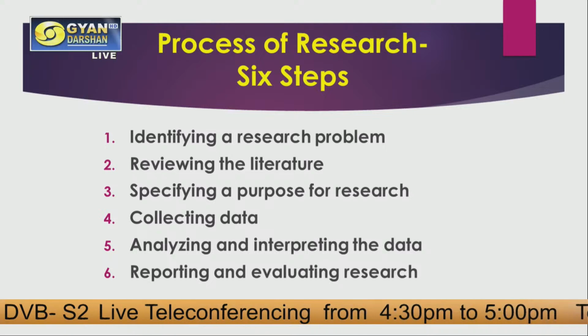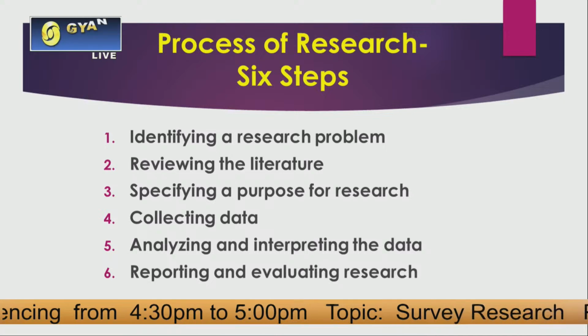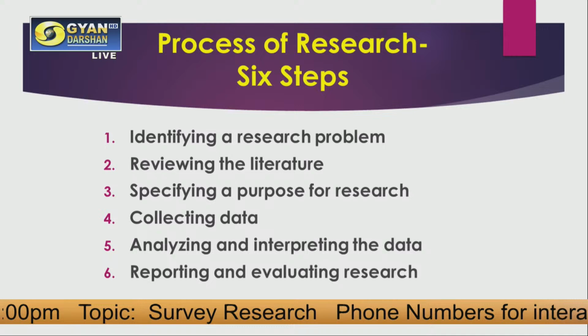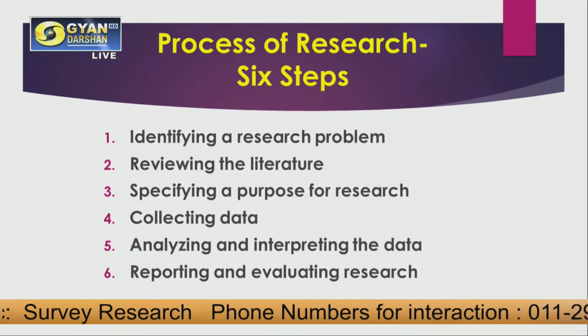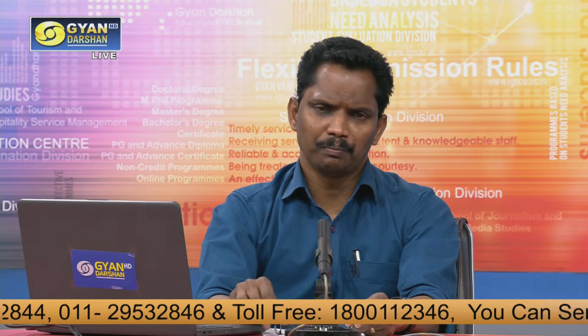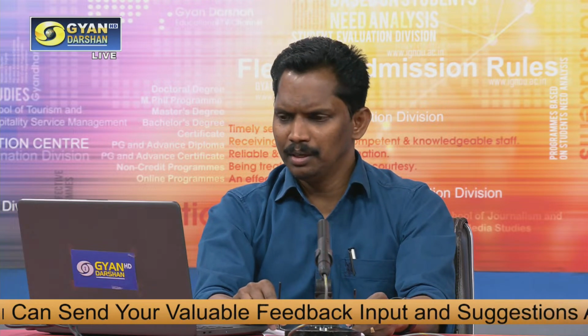Then we will move on to identifying the purpose, research questions, research variables, etc. We will also see, with regard to the research problem or the variable which we have found, how we will go about finding a solution to that problem. So here comes the relevance of research designs or the types of research. That is going to be the third step.